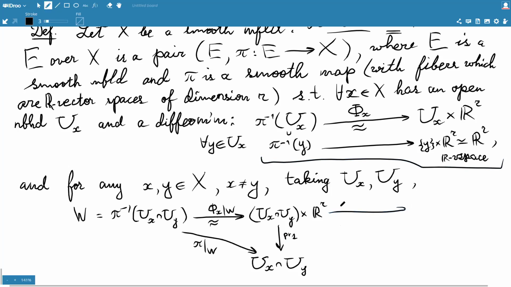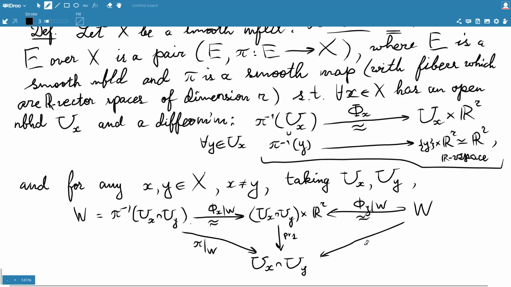Respectively, we have phi y also restricted onto W. And now you have two maps, and so two diffeomorphisms.